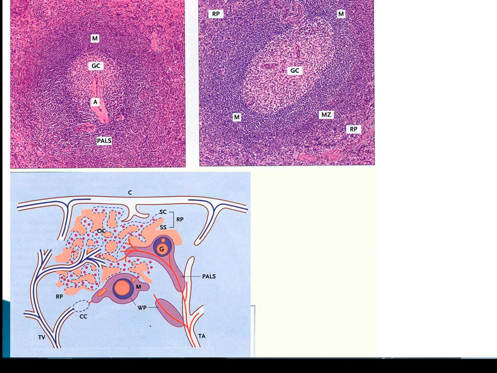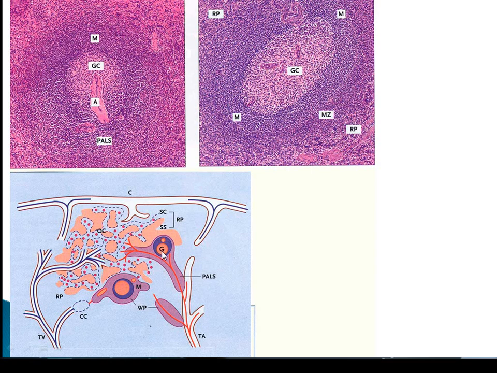The cells of the marginal zone are interdigitating dendritic cells, macrophages, plasma cells, T lymphocytes, and B cells, and also present here are the marginal sinuses. Around this region, capillaries derived from the central artery enter the red pulp for a short distance, then recur and empty into the marginal sinuses.